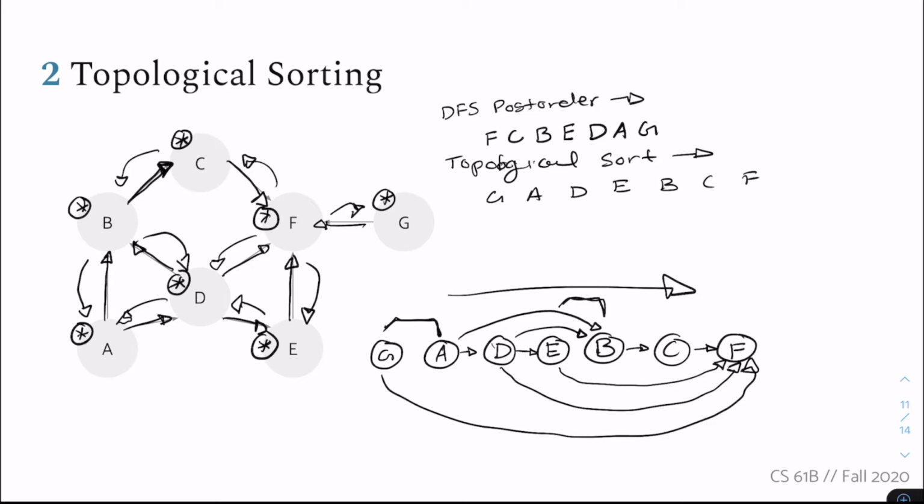Therefore this is impossible, because you've been to V without finishing it. You go to some other vertex U, maybe you go somewhere else, and then somehow you're getting back to V without having finished it. If that happens, clearly you have a cycle in your graph.